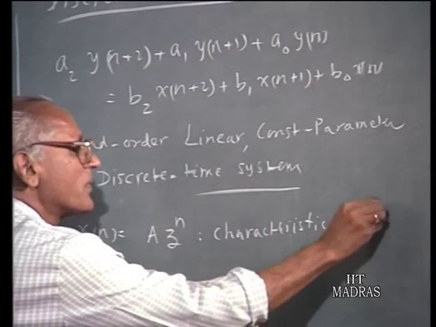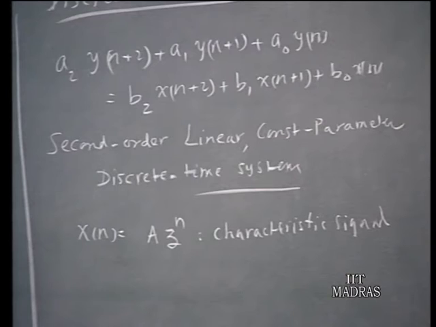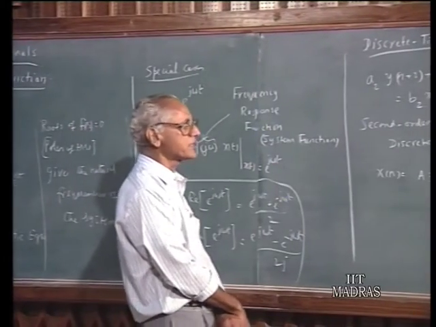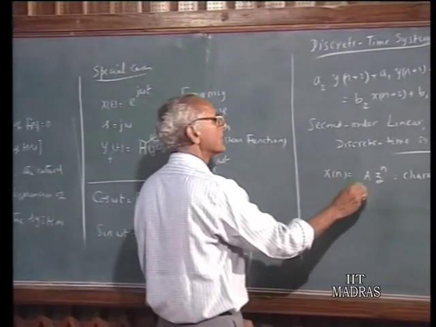So, just like e to the power of st being a characteristic signal for the continuous time domain, in the case of a discrete time system, a times z to the power of n is a characteristic signal. A is a multiplying constant, we can disregard that.